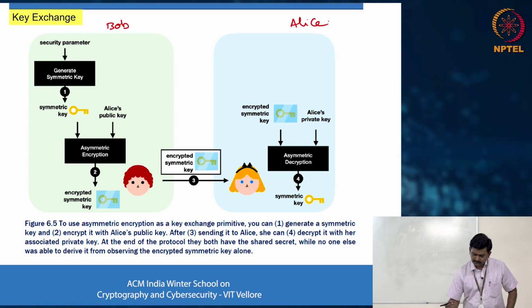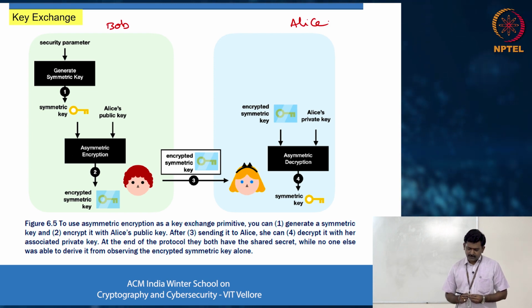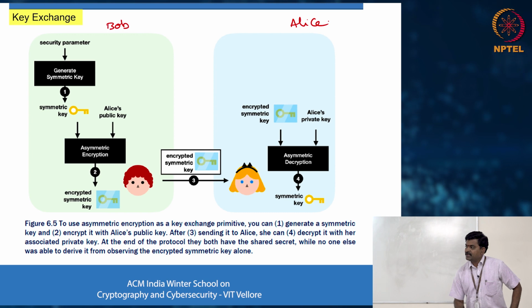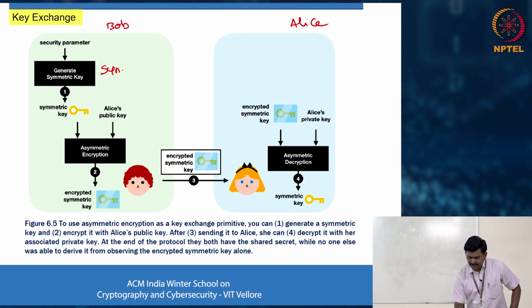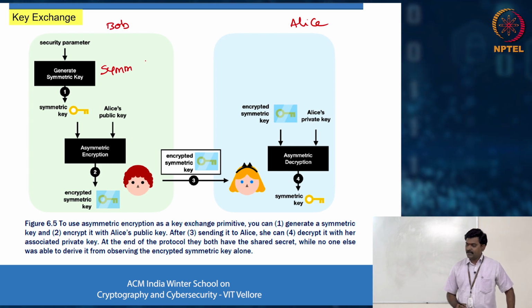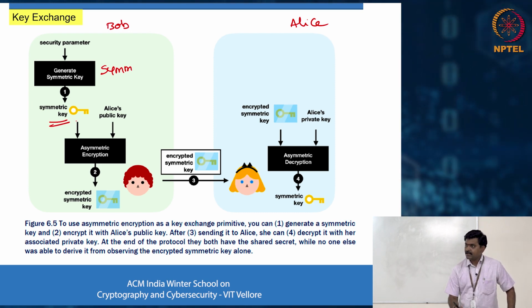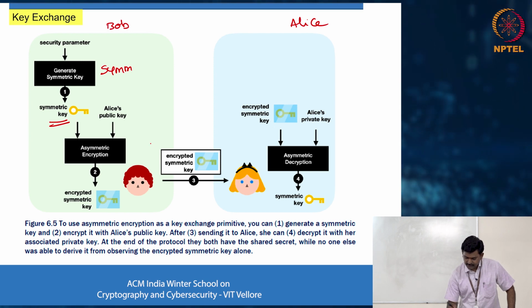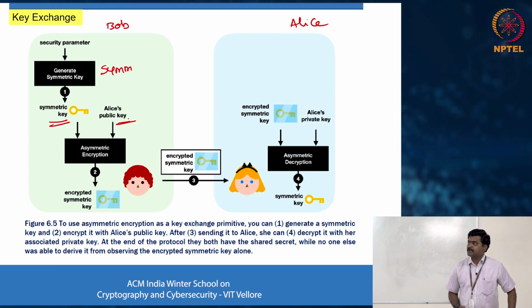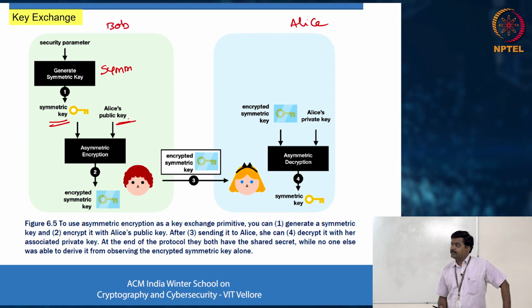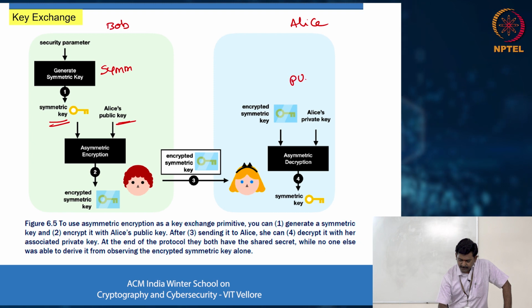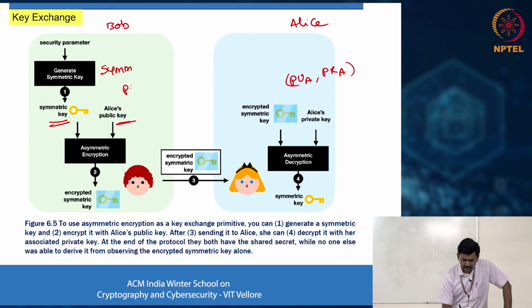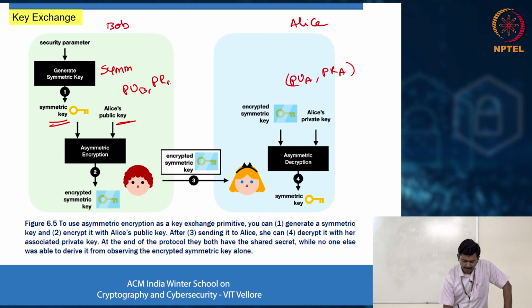Okay, to have the communication between Bob and Alice, what Bob actually did was create the symmetric key. That symmetric key is encrypted with the help of Alice's public key, because Alice has a key pair PUA, PRA, and Bob has a key pair PUB, PRB.